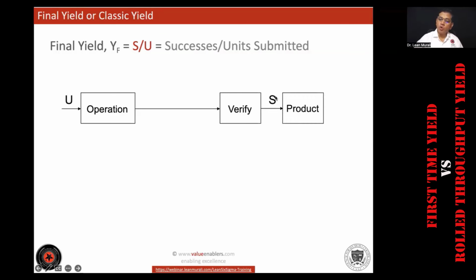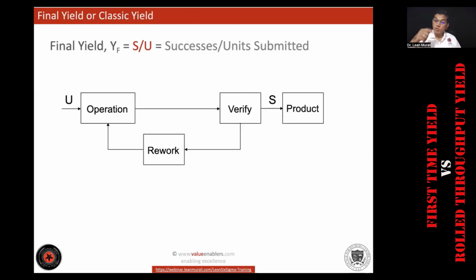And if the hole is okay as per dimension, then it's a good product that has come out. Now, if the hole is a little bit undersized, lesser in size, you do a rework by making the hole bigger. Suppose the hole is bigger in size, you cannot make it smaller. So some can be reworked and some cannot be reworked. What cannot be reworked becomes scrap.